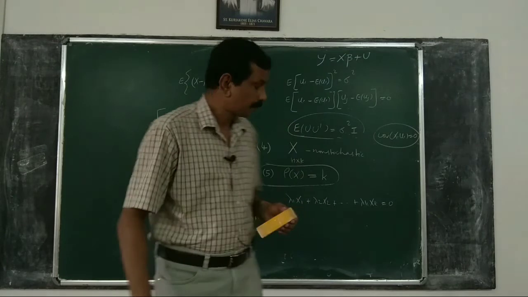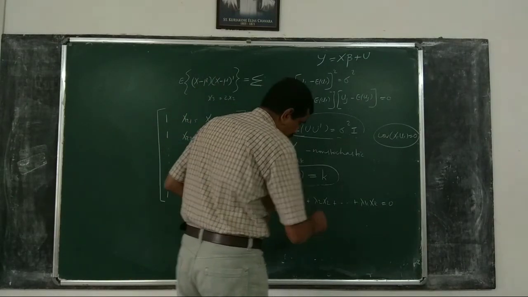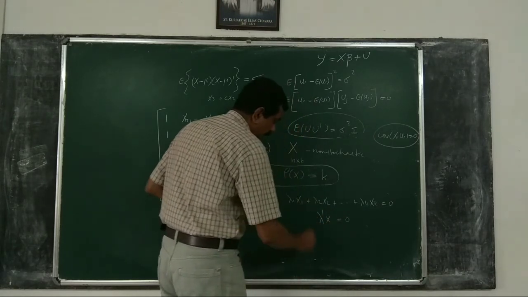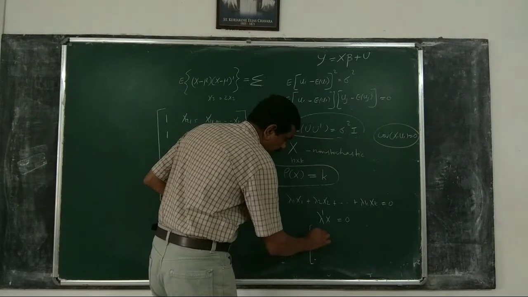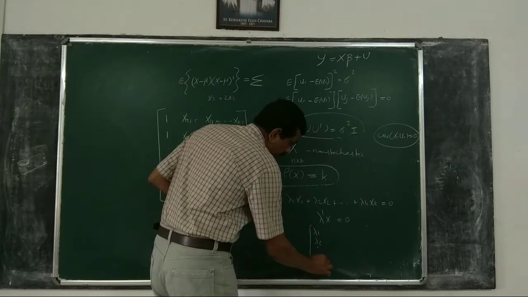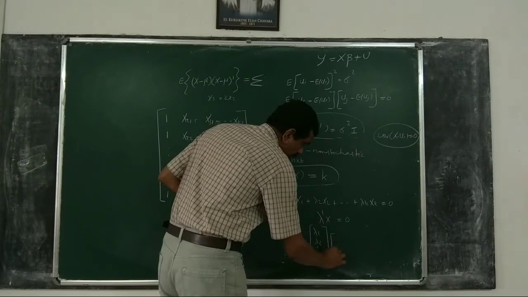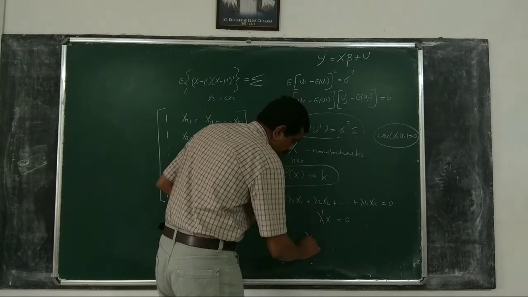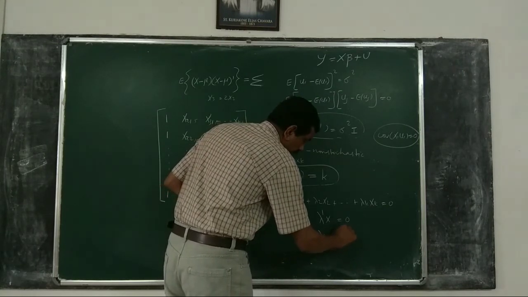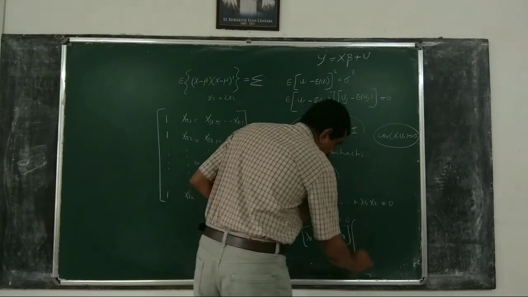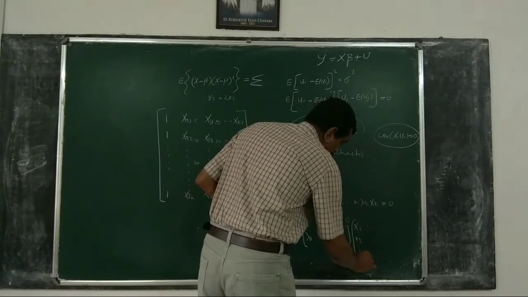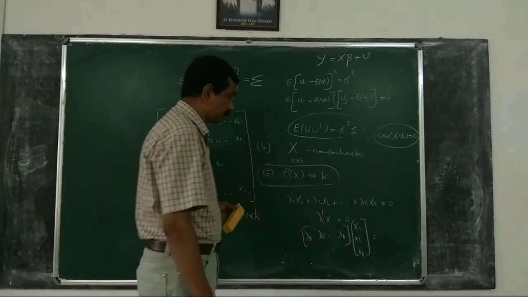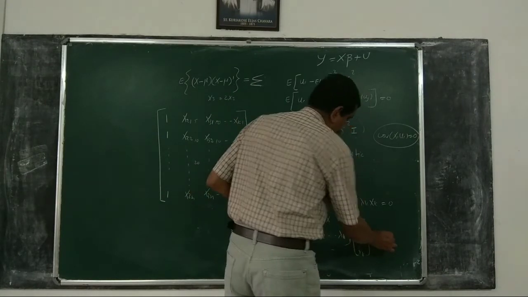And using matrices and vectors, we write it as lambda transpose x equal to 0. Lambda transpose means lambda 1, lambda 2, etc., lambda k, multiplied by x1, x2, etc., xk, which is lambda 1 x1 plus lambda 2 x2 plus etc. is 0.